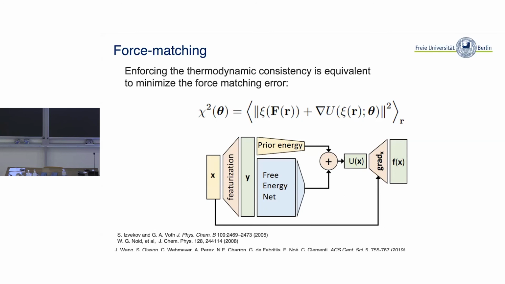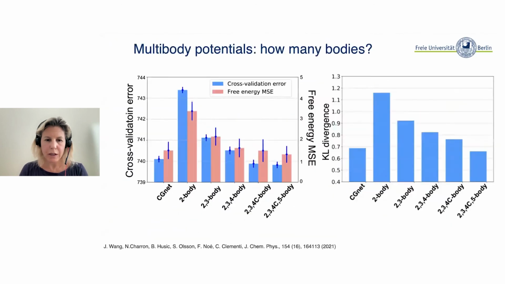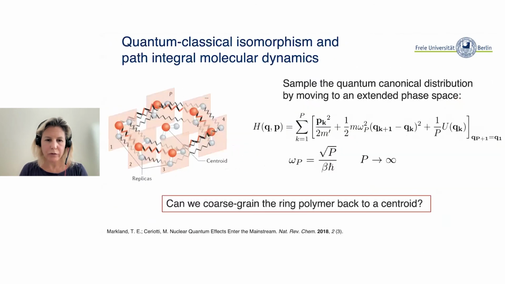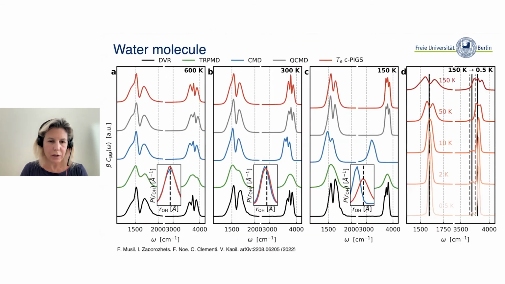Thank you. Yeah, so we want to use it first on water clusters. That is a very hot topic right now. A lot of people are studying confined water, water clusters, and water is a system where the nuclear quantum effects are very important. I don't have the classical case here, but the classical prediction would be completely off.